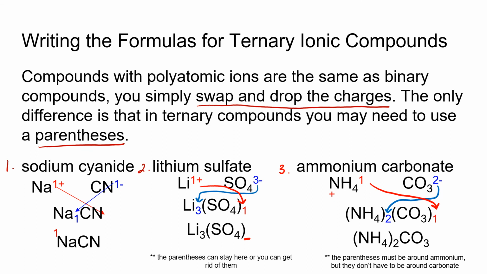But since we need 2 ammonium polyatomic ions in our formula, we have to include the parentheses in the final formula, which is what we see here. We see the parentheses surrounding that ammonium polyatomic ion, saying that we need 2 ammonium ions for every 1 carbonate.